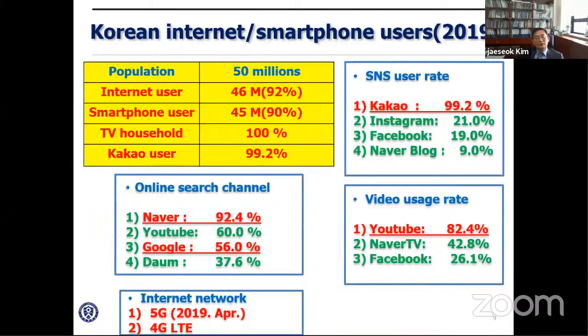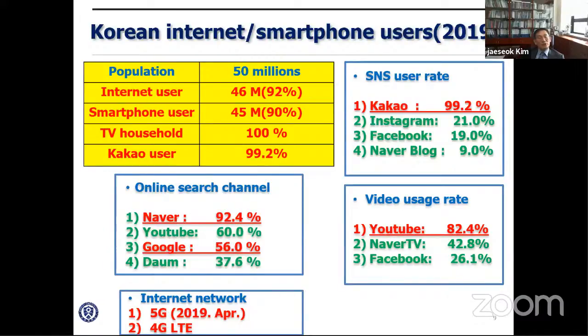Okay, I think this is due to the quarantine activities utilizing Korea's top-level ICT technology and their internet users. So I'd like to show some statistics of the internet users and smartphone users in Korea.